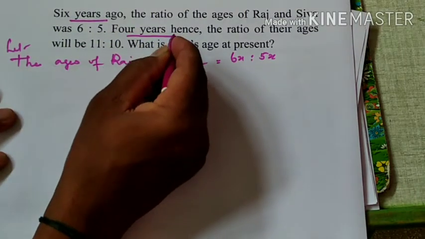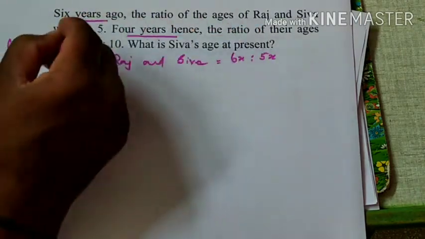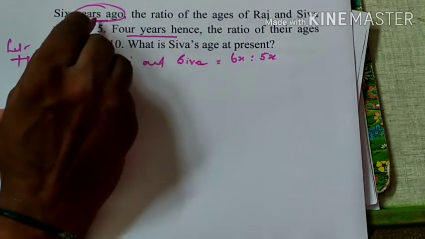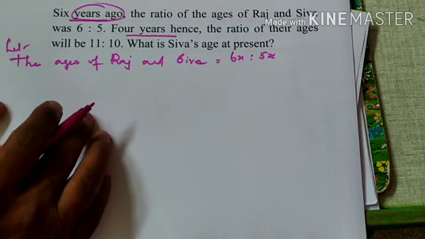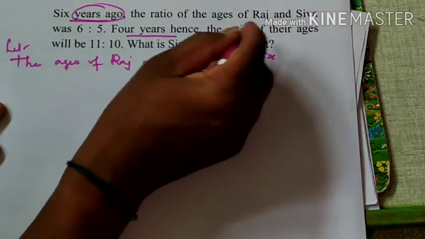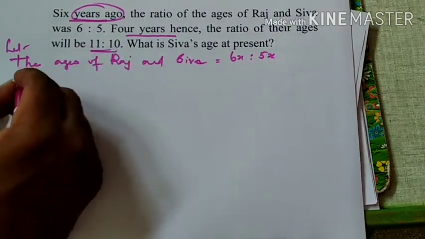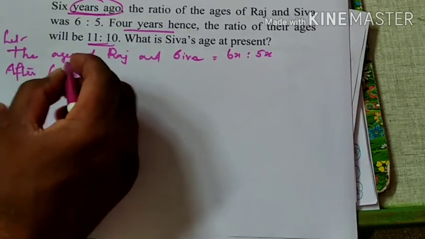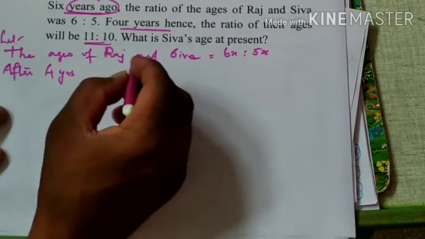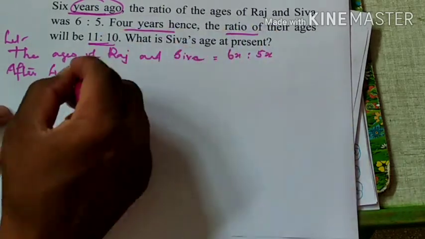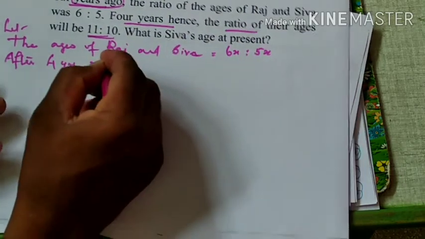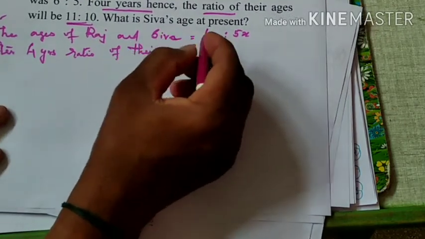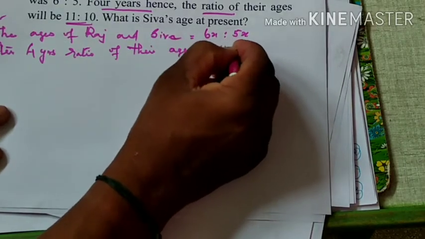4 years hence. Already it is given. The ratio comes 6 years ago and is also followed by 4 years hence. 6 plus 4 is 10. We are adding that. After 4 years the ratio becomes 11:10.